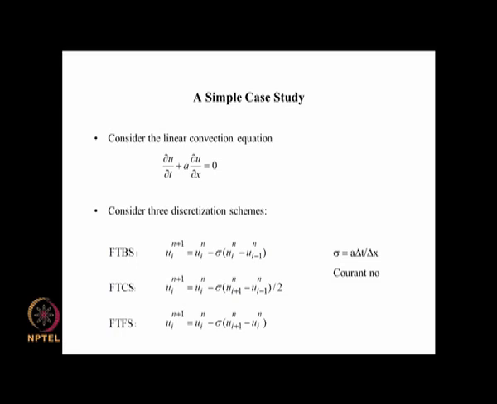Firstly, that the FTBS scheme that we have here, this particular approximation, this particular way of getting ui n plus 1, is such that this scheme approaches the exact solution in the limiting case, because at this stage we only have a proposal for a scheme as to how we can get ui at n plus 1. We have not actually implemented it.